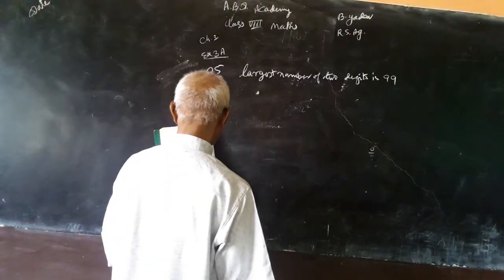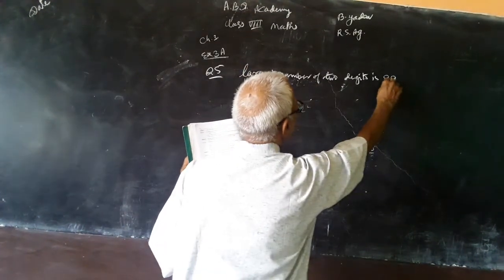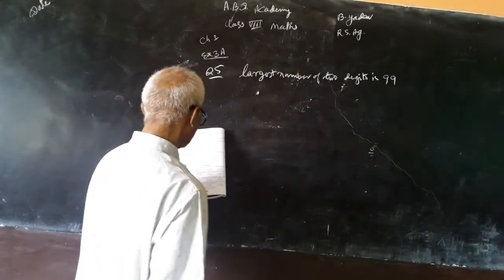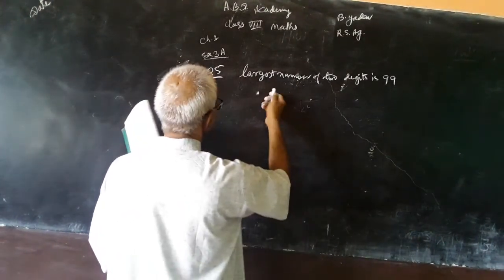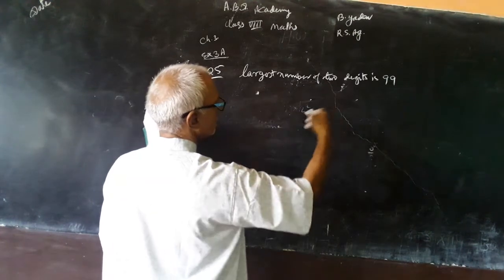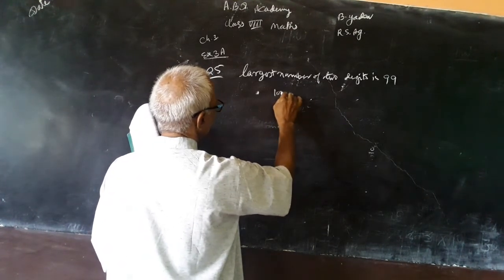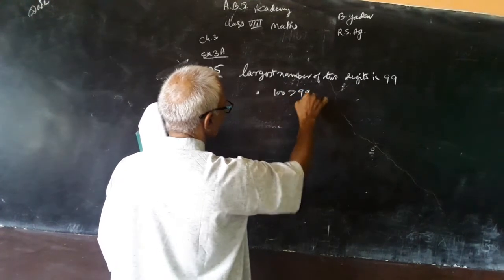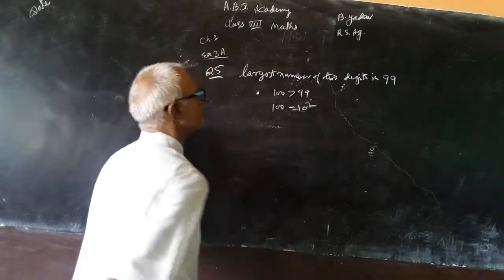Now in order to find which number is largest, what we can do, a number more than 99 is 100. 100 is more than 99 and 100 is equal to 10 square.